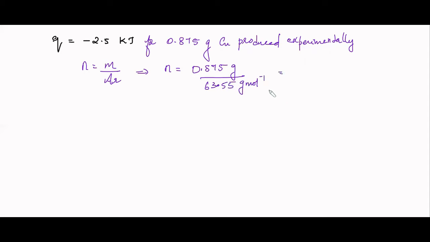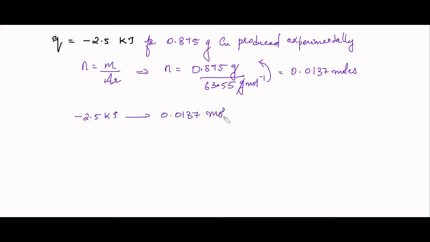When I divide this, grams and grams go away, and per mole goes to the numerator. The value I get is 0.0137 moles. So when so many moles of copper are produced, it will be releasing minus 2.5 kilojoules of energy.